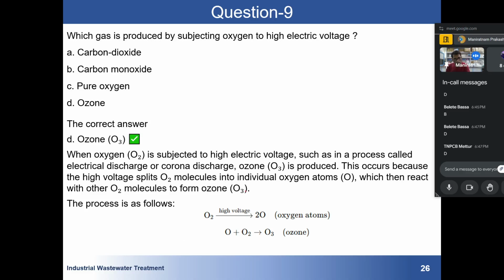But on the ground, in our wastewater treatment, we subject oxygen to very high voltage, which converts it into two oxygen atoms, and one oxygen atom reacts with the available oxygen to form O3, that is ozone.